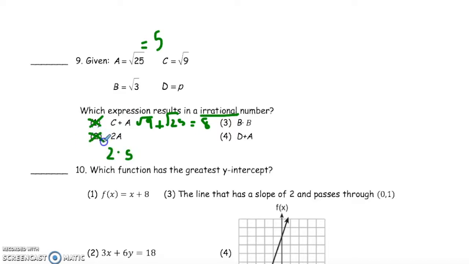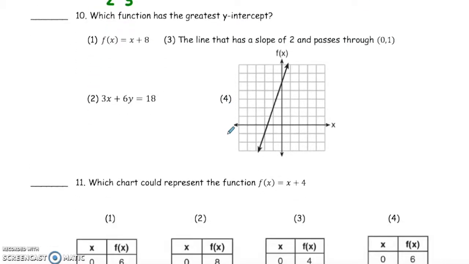That's rational. B times b, radical 3 times radical 3. If you multiply it together, you're actually going to get radical 9 or just plain old 3. So this is also rational. D plus a. This should be pi. So anything with pi is going to be irrational because pi itself is irrational.